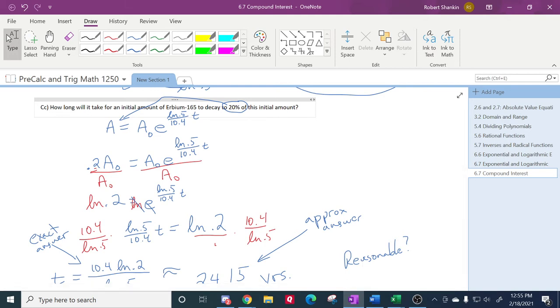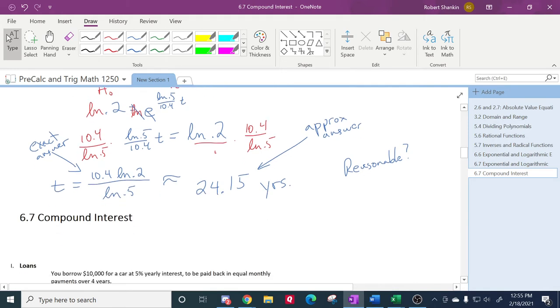Another 10.4 years, which is 20.8 years, would have been 1/4, because half of a half is 1/4. Now 20% is almost the same as 25%, just a little bit smaller than that. So a little bit more time than 20.8 years, and that's what we had. So this is quite reasonable.